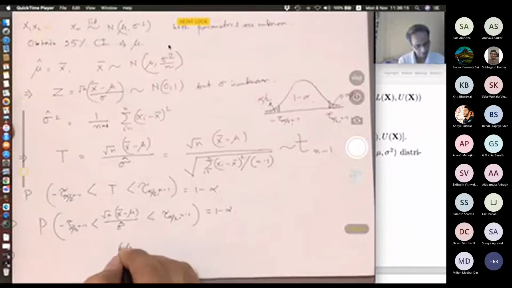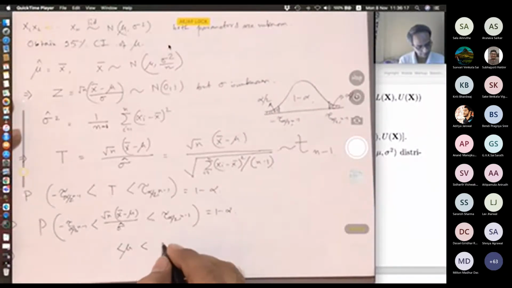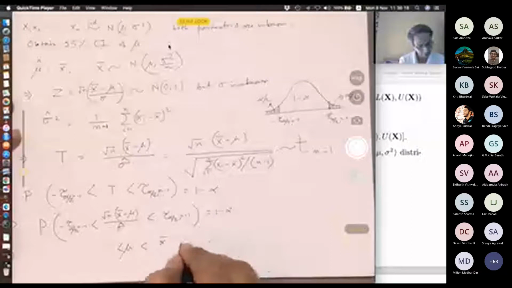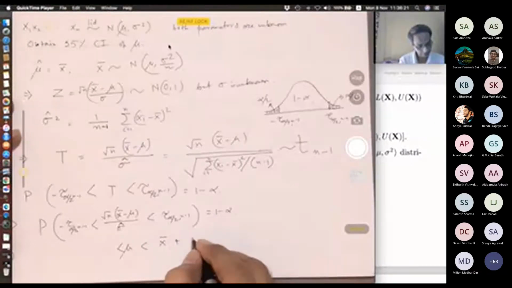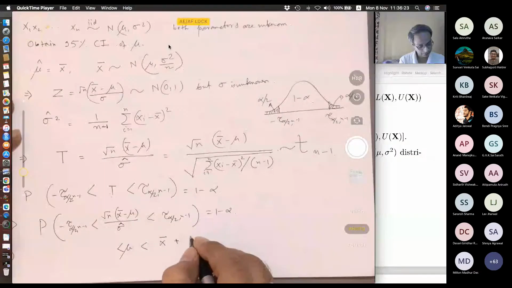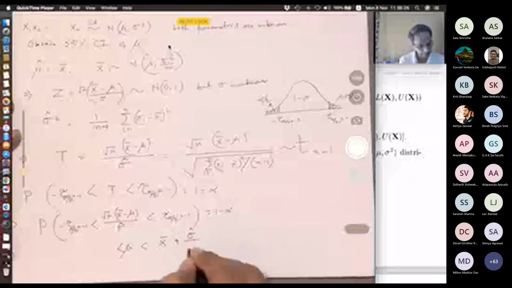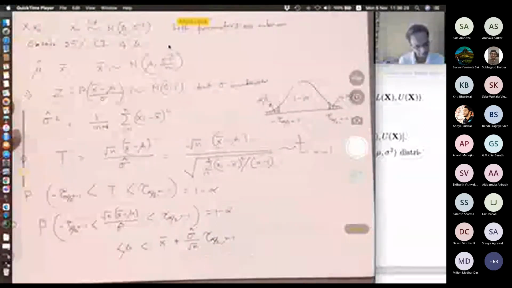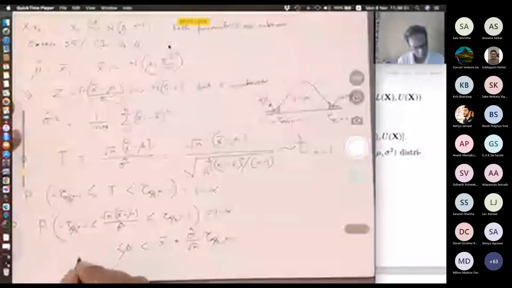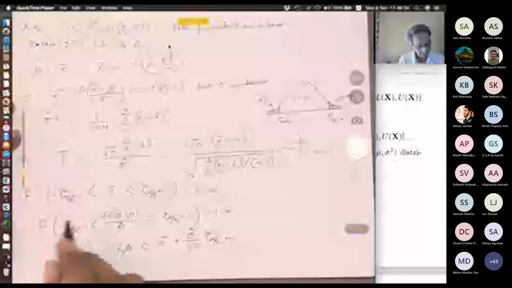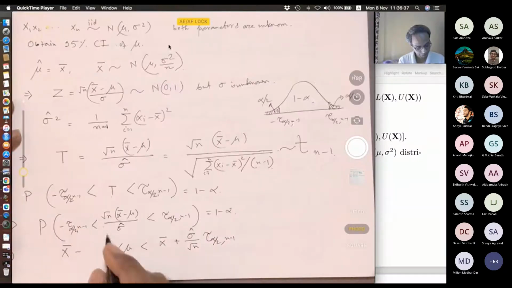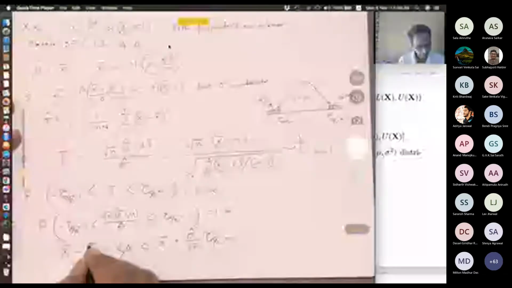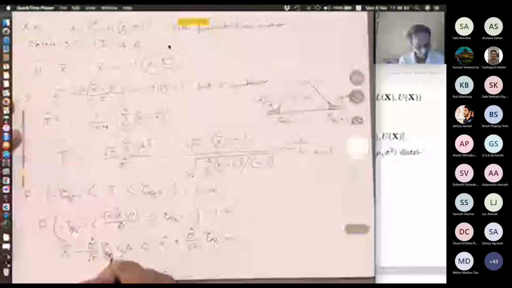Again, mu is in the middle, so x bar plus sigma hat by root n t alpha by 2, n-1, and here x bar minus sigma hat by root n t alpha by 2, n-1.